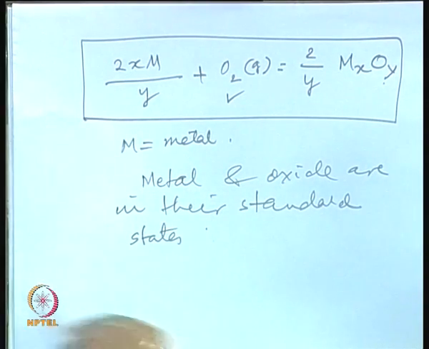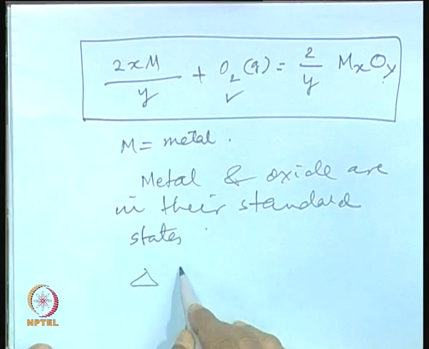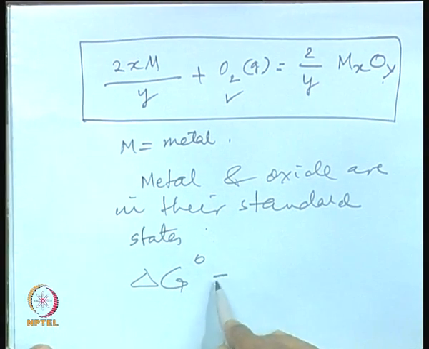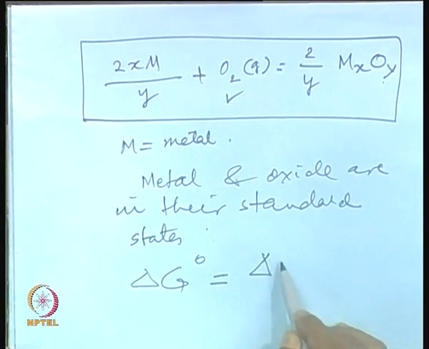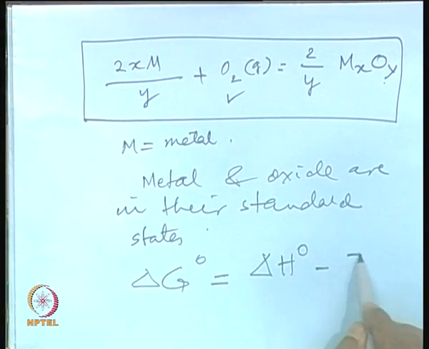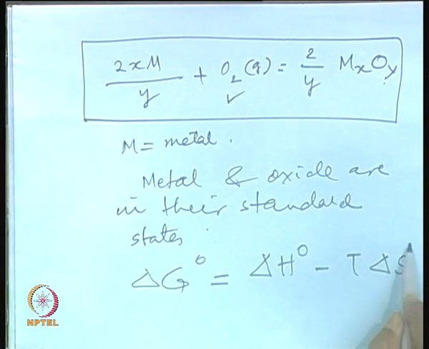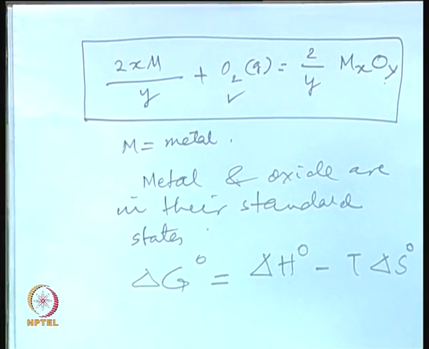And the equation for these lines would obviously be delta G naught equals delta H naught minus T delta S naught. Now, I am not writing delta G naught as a function of T here, because delta H naught and delta S naught values generally do not change with temperature.